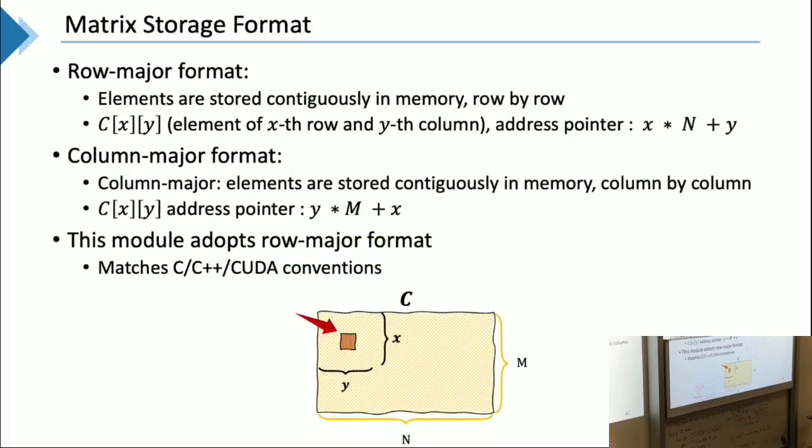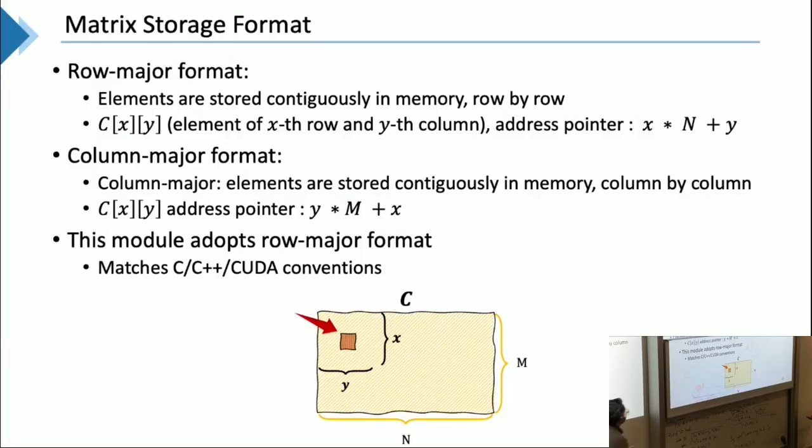Before we introduce the coding, there's a convention we need to know, which is the data formats in CUDA. There are two types of data formats in different programming languages. One is called row major format, and the second is called column major format. Row major format means the elements are stored continuously in memory, row by row.